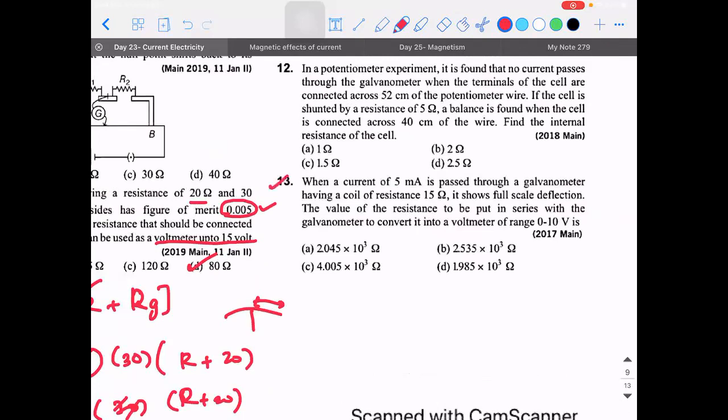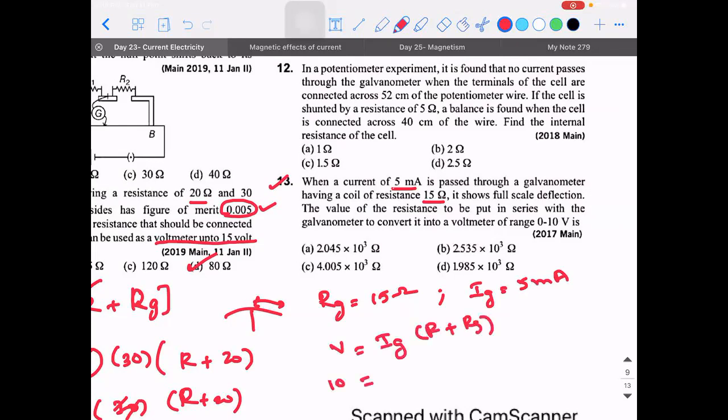13th one. When a current of 5 milliampere is passed through a galvanometer having a coil of resistance 15 ohm, so Rg is 15 ohm, then it has a full scale deflection. So Ig is 5 milliampere. The value of the resistance that needs to be put in series with the galvanometer to convert it to a voltmeter of range 10. So V is equal to Ig into R plus Rg.